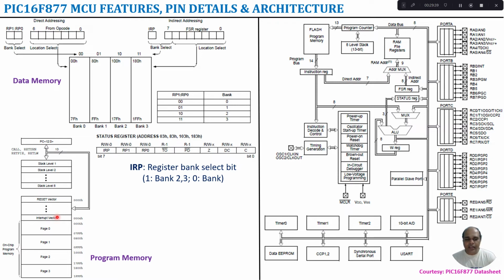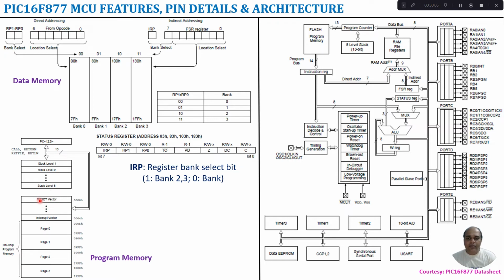Vector table in the sense, certain important operations need to be serviced by executing a program. For example, whenever we apply a reset, a certain program needs to be executed. So the starting address of that program will reside in this vector table. For example, for the reset operation, the starting address of your reset program will be residing in this location.